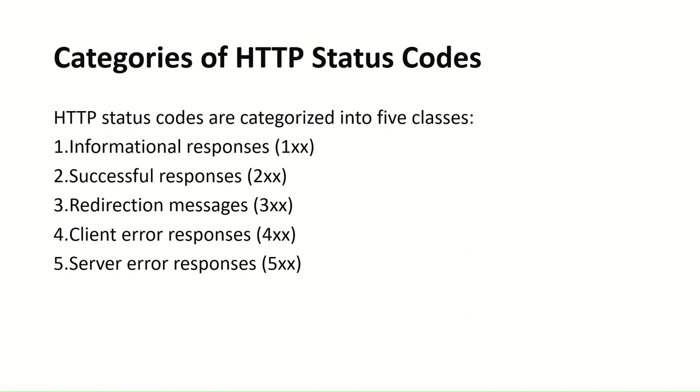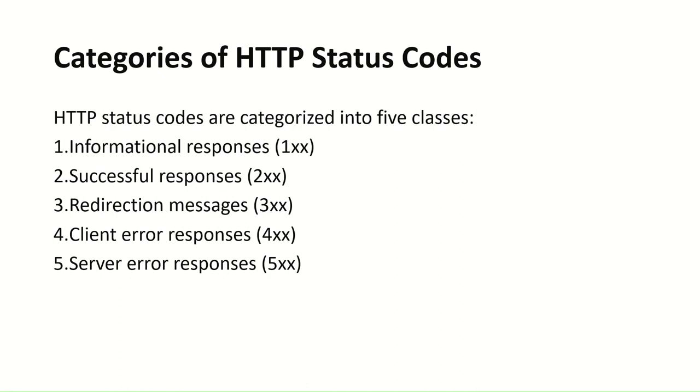The first class is 1xx, that means 100, 101, 102, 103. There are different status codes in that particular class, and the 1xx class is also called the informational class, where informational responses are returned. Similarly, we have the 2xx class, which returns successful responses.